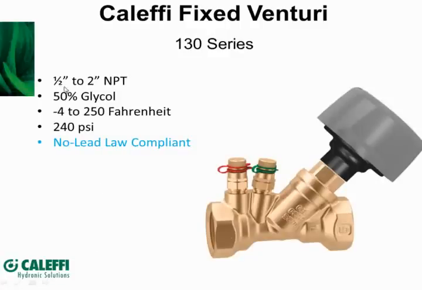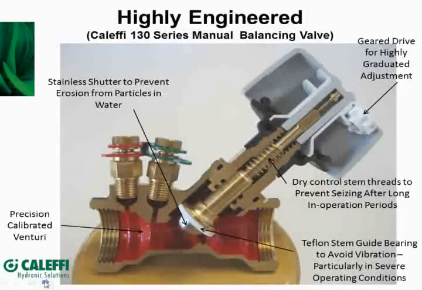So if we look at our fixed in more detail, we have it from 1/2 inch to 2 inch, 50% glycol, 250 degrees Fahrenheit rated, no lead compliant. So these are third-party certified for the no lead laws in place in the United States starting in 2014, and also starting to take place in Canada in 2014 as well, which means that they're suitable for plumbing applications.